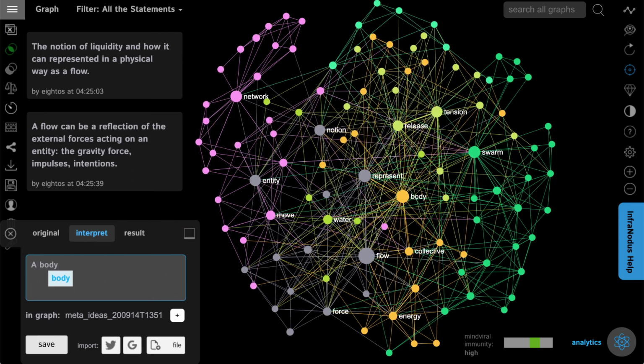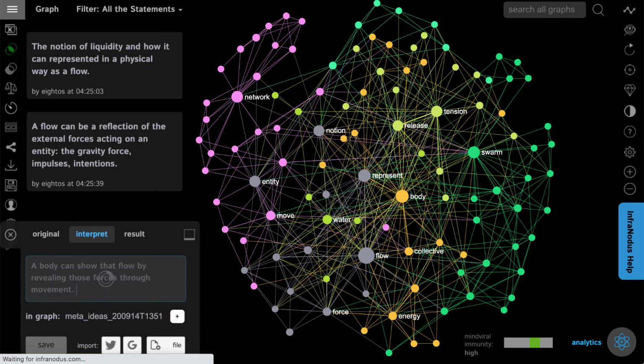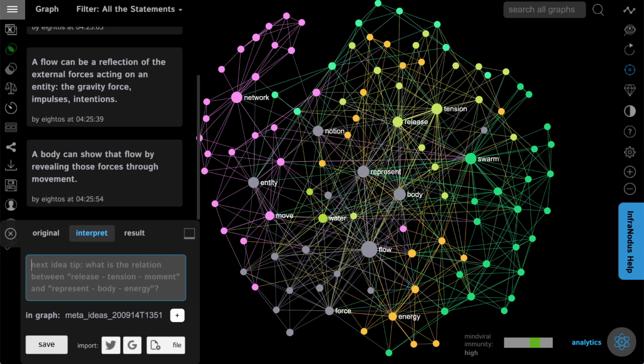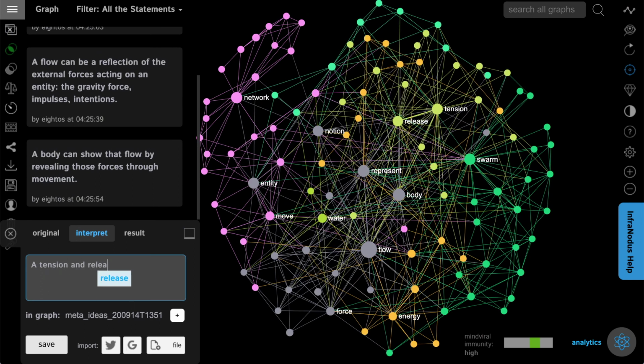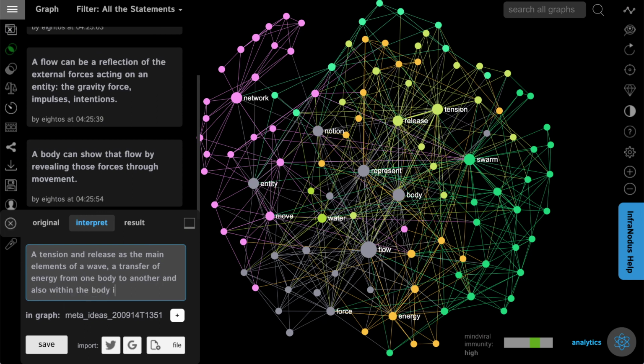A body can show that flow by revealing those forces through movement. Tension and release as the main elements of a wave transfer of energy from one body to another, and also within the body itself.